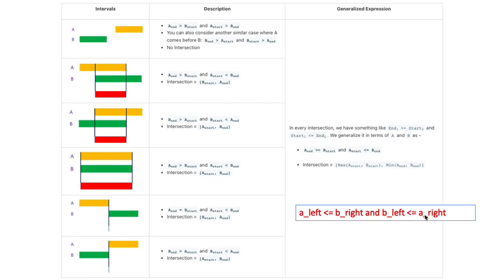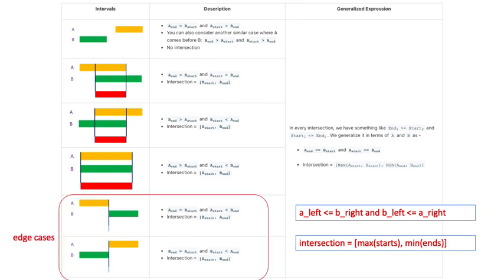So if this is satisfied, then we have an intersection between the two intervals. And importantly, the intersection should be the maximum of the two starts and the minimum of the two ends. This generalized expression can also take care of the edge cases, where the result of these two intervals will give us an empty interval.